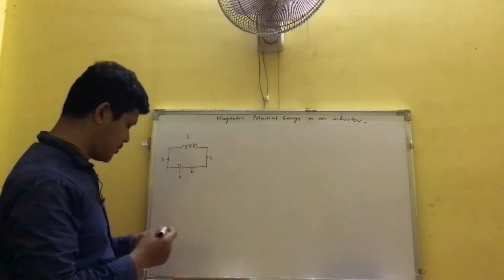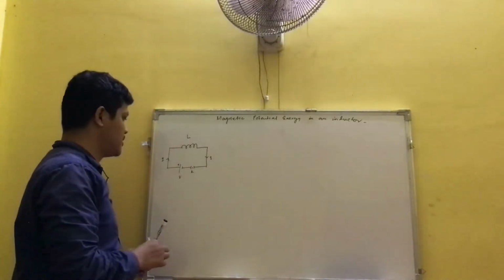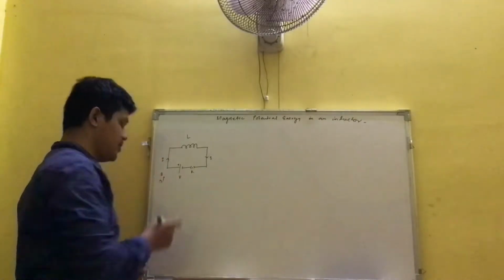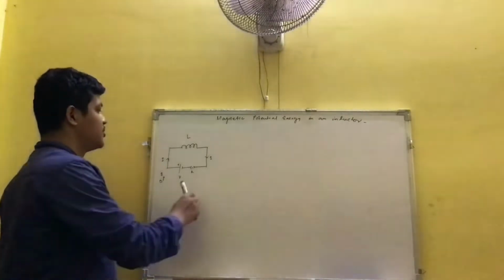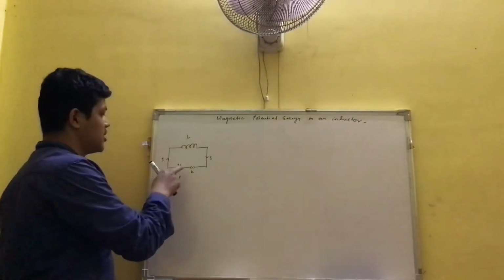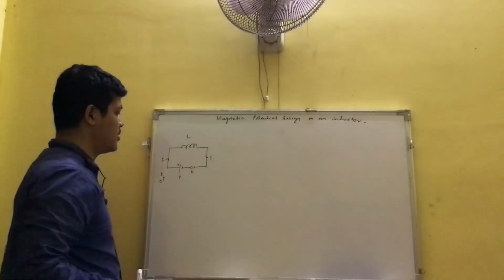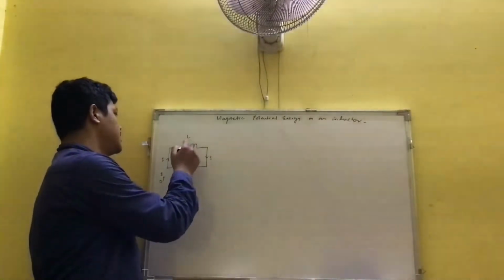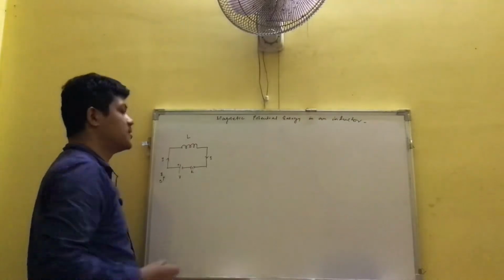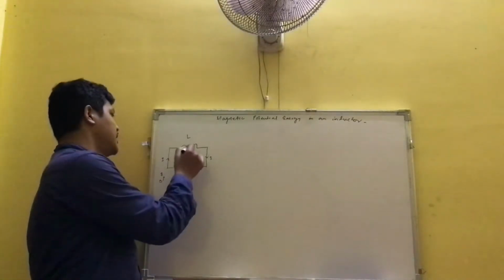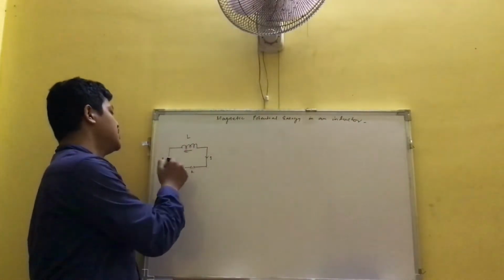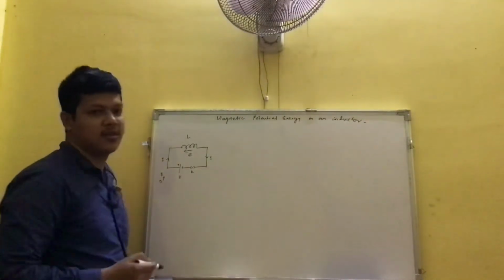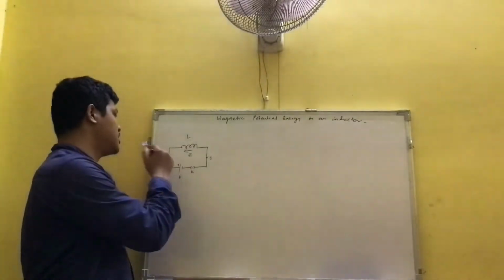Due to this flow of current, when the current increases from 0 to I, as soon as you switch it on, an EMF will be induced in this inductor, and according to Lenz's law, this induced EMF will oppose the current. That will be produced in the opposite direction.